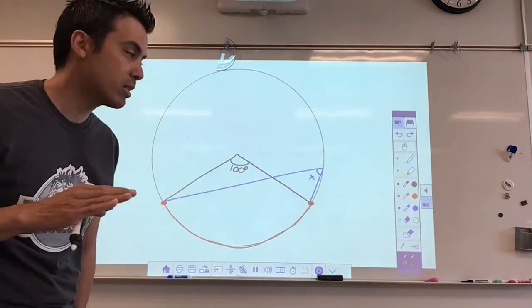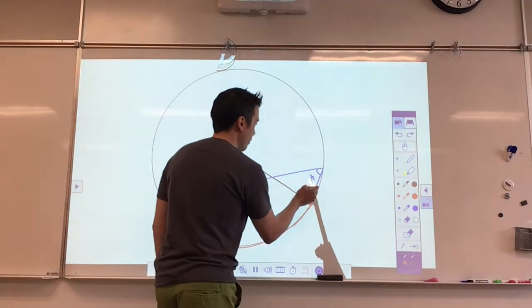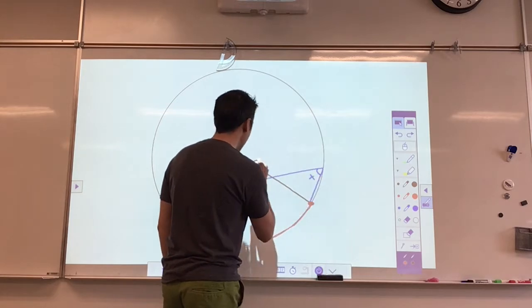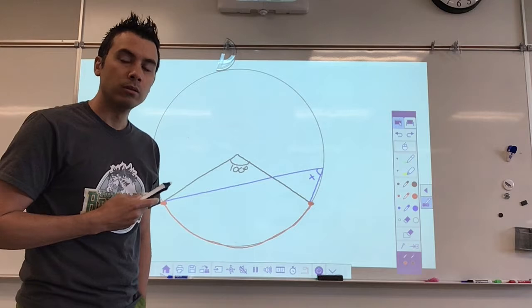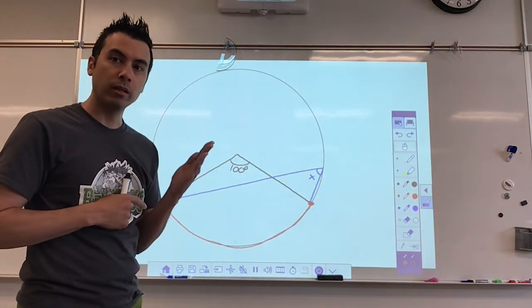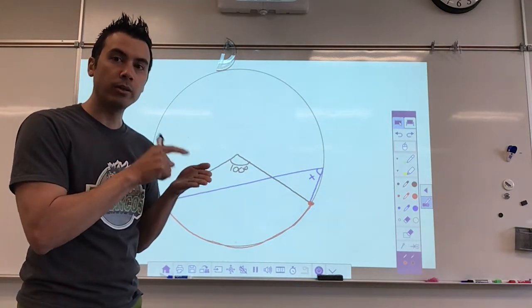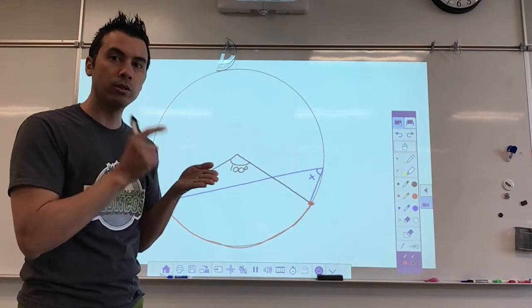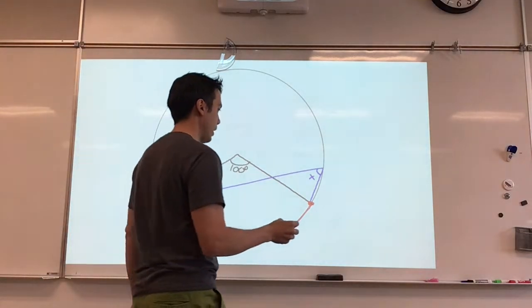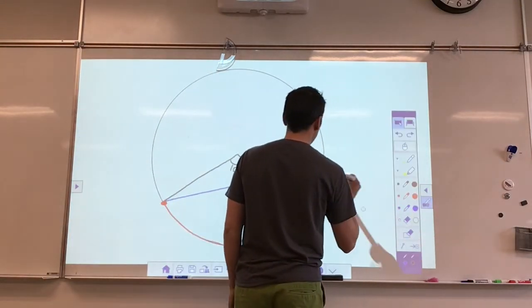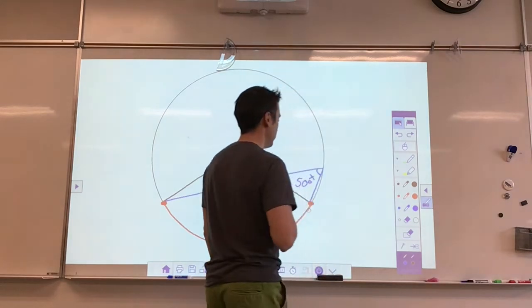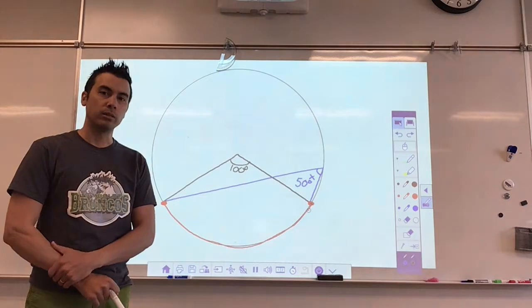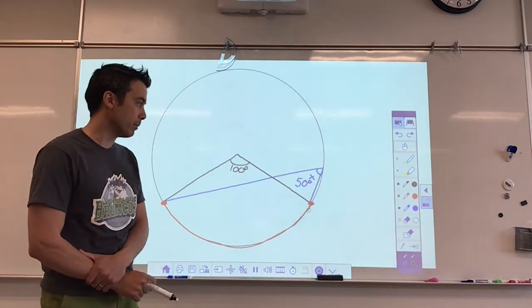The relationship still exists: this angle here must be half of the central. So I'm just going to grab my calculator, punch in 100 divided by 2 equals, and this one must be 50 degrees. Gotta be.